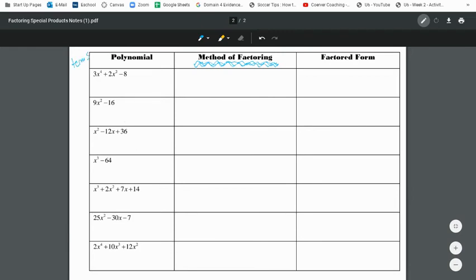So this one has 3, this one has 3, and this one has 3. So all of those that have 3 terms, I'm just going to say slide and divide. So this is just normal factoring. Okay, slide and divide. So if it has 3 terms, normal factoring, what we've been doing all year long.